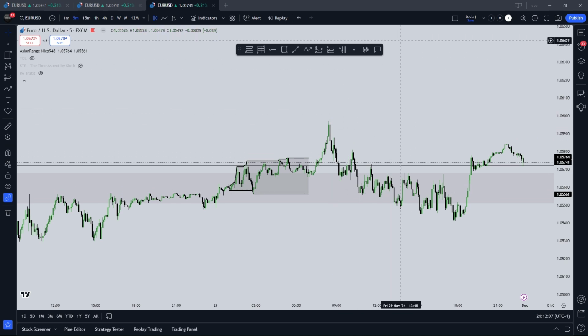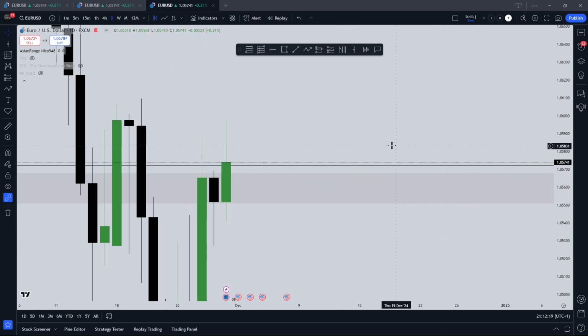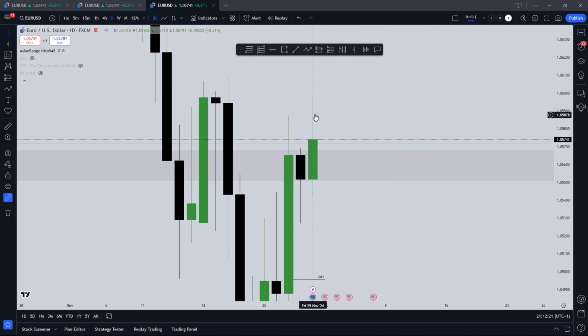Now what other time-based liquidity components do you have? You have the previous daily high and previous daily low. Like explained in the previous video, the previous daily high is the high of the day before the day you're on.